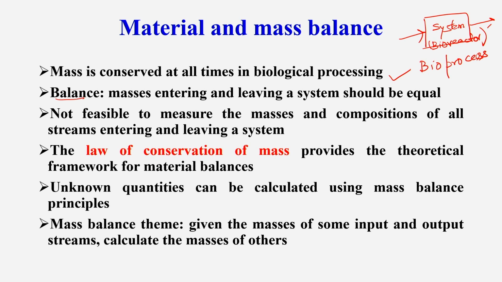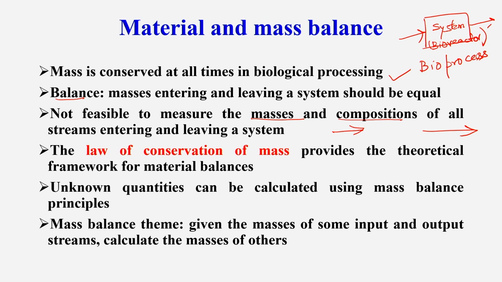So, we have to balance between these two, that is called the balance. If you see any biological system, there will be n number of streams which are going in, and similarly there will be n number of streams which are going out, and practically it is not feasible to measure the mass and composition of all the streams. So, what happens when we do the mass balance?